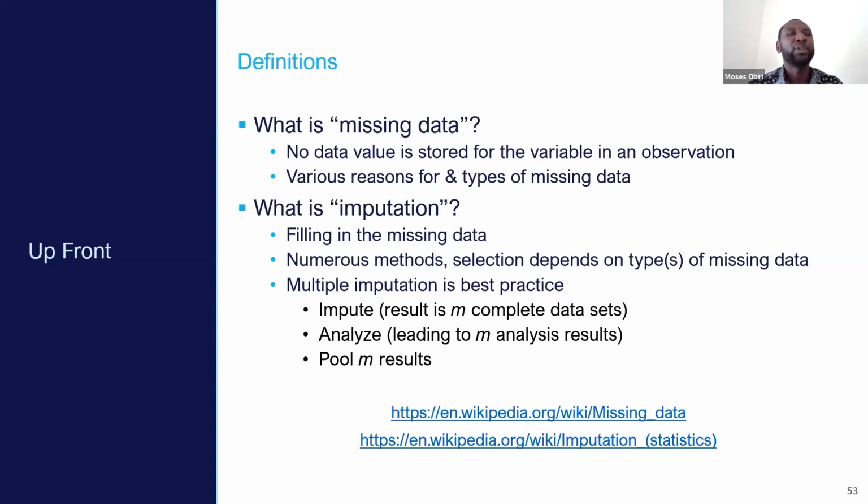Because multiple imputation accounts for the uncertainty in using your imputation method, it is generally preferred to single imputation, because your analysis is more likely to be accurate and to capture the information that you are trying to capture.